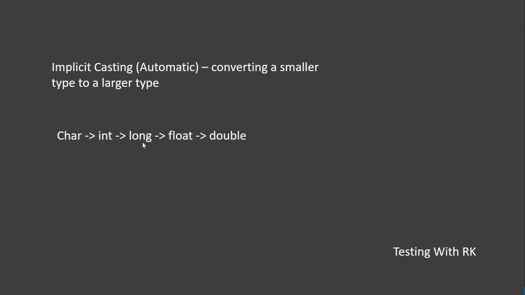So looking back here, an implicit conversion happens if your variable can hold larger data. If I have a variable of type float, it can hold any of these values. If I have double, it can hold any of these values. So the larger data type can hold the smaller data type, and it happens implicitly.